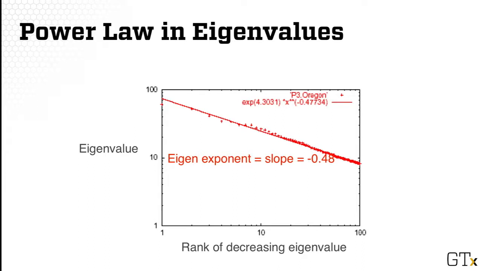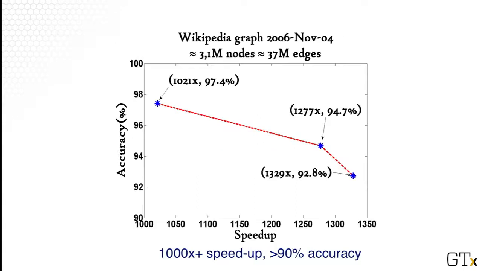Remember that in the formula, we need to take the cube of the eigenvalue. So for smaller eigenvalues, taking the cube makes them even smaller, which means we can just ignore them. In practice, we can keep just the top few, maybe tens of eigenvalues, and we can get a significant speed boost.